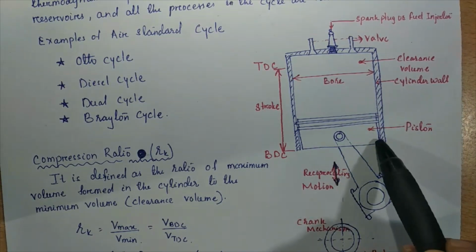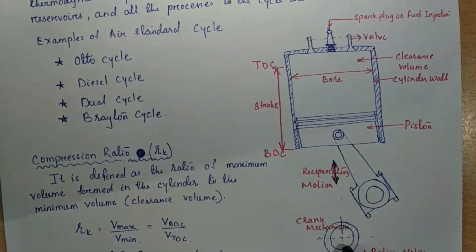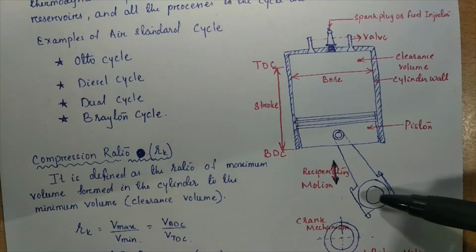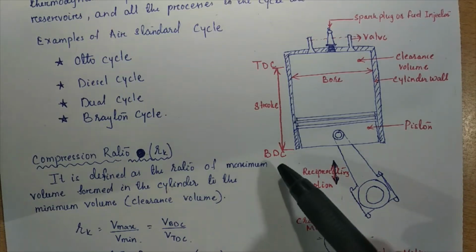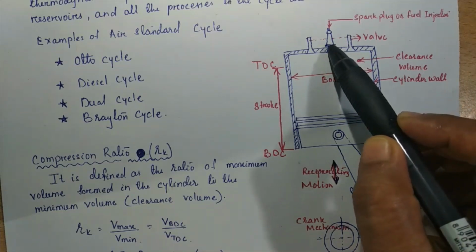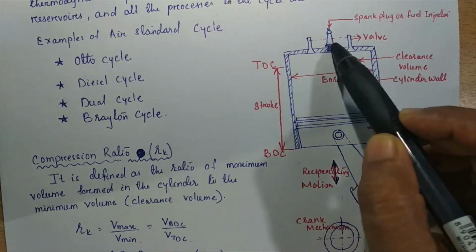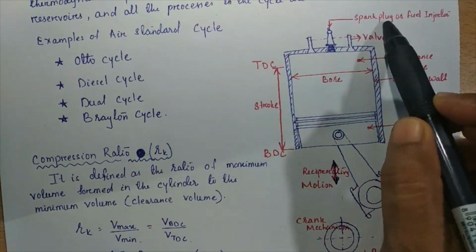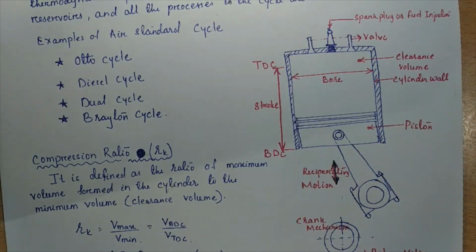This is the cylinder wall, this is the piston, this is the connecting rod, this is the crank mechanism, and these are the inlet valve and outlet valve. This is the spark plug or fuel injector. If it is a petrol engine, it is a spark plug. If it is a diesel engine, it is a fuel injector, right?